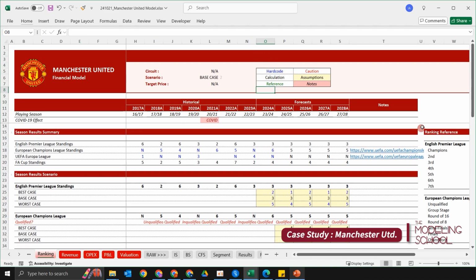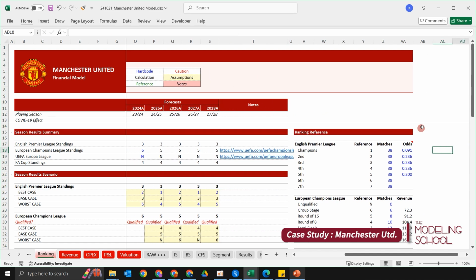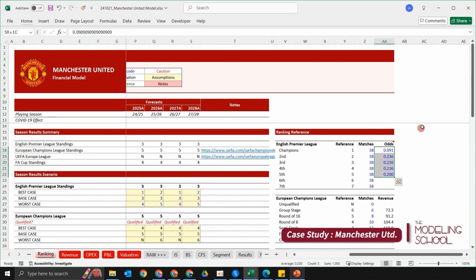So how would we forecast next year's rankings? If we're in the middle of the season, it's relatively easier because we can see how the players are doing, how the managers are doing, how the club's doing. And plus during the season or even before the season, there are some odds from maybe gambling sites or something.